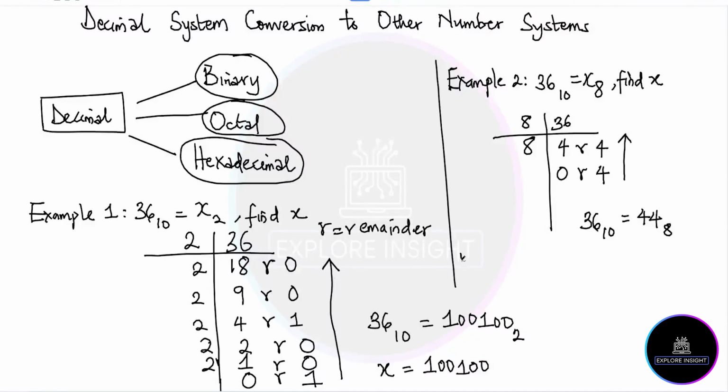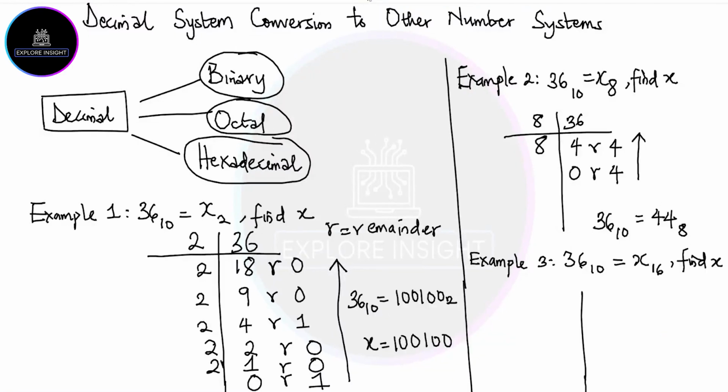So what about example 3 in hexadecimal form, having 36 in base 10, and we want to find the value in hexadecimal form. If we want to find what x is in hexadecimal form, we'll follow the previous example.